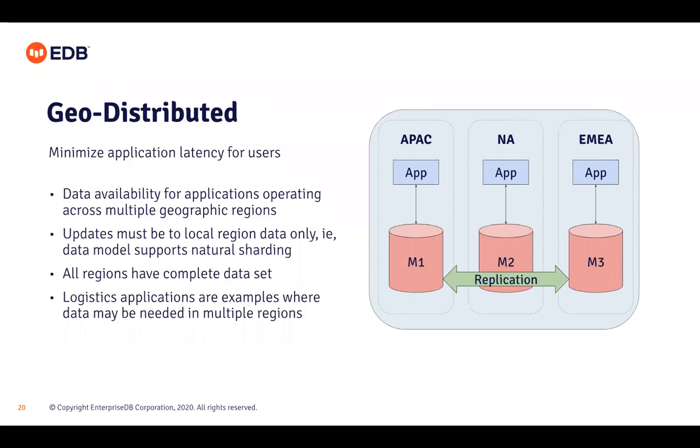The challenge is to provide the best experience for the users of the application in that region. And the way to do that is by having a database in that region close to the application, so it reduces the latency in the experience that the end users of the application have.